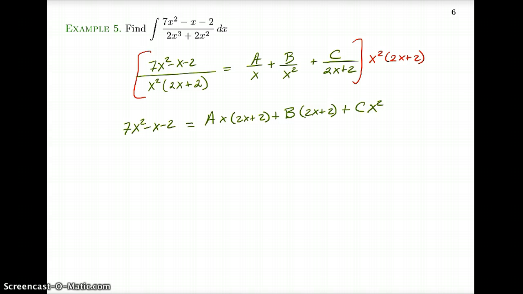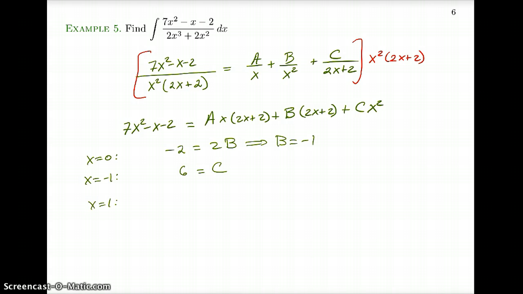And if I let x be 0, that would give me minus 2 is 2b. And if I let x equal minus 1, I would get 8 minus 2, 6 equals 0 plus 0 plus c. So b here is minus 1, right? And c is 6.